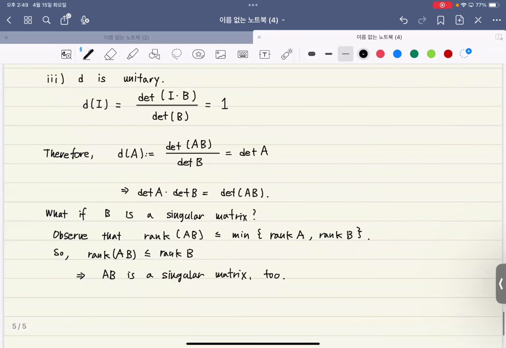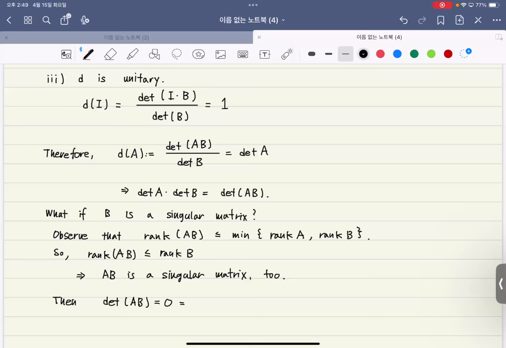Then the determinant of AB equals 0, because we know that a matrix is singular if and only if its determinant equals 0.